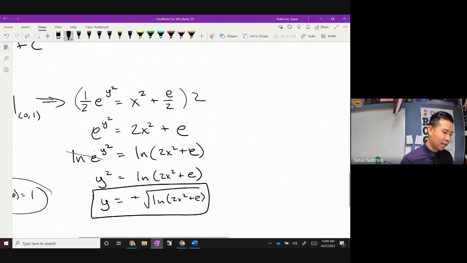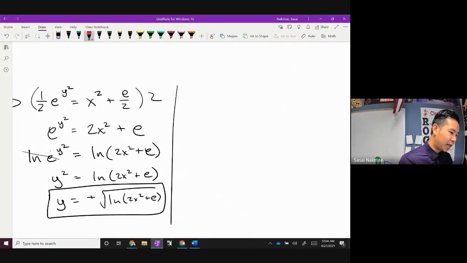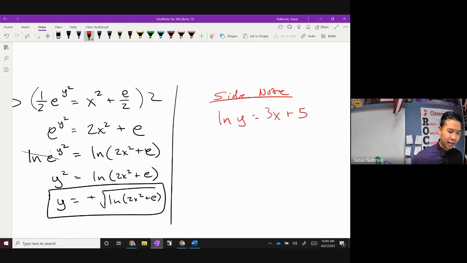So what that might look like is, this is a side note, a random problem. If you did some work and you end up getting ln of y is equal to, let's say, 3x plus 5. To solve for y, you would need to raise both sides to the power of e.